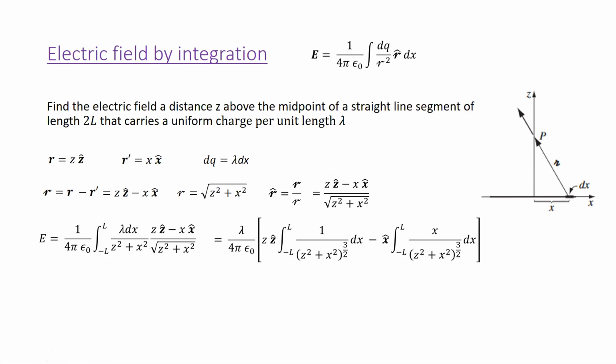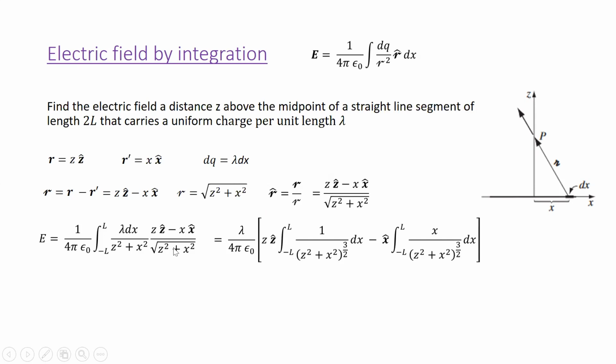Okay? So then evaluating this integral, we divide it up into two parts, a z hat part and an x hat part. Combining terms, we can pull out a lambda here, and we can pull out a z in front of this integral over x, a z hat.